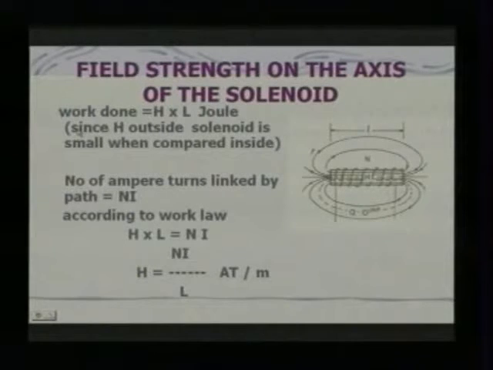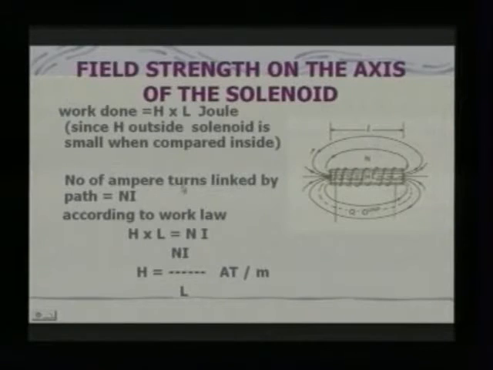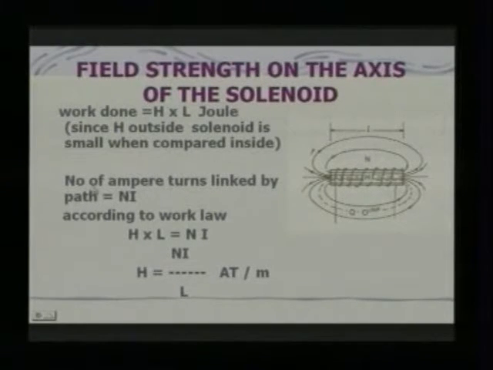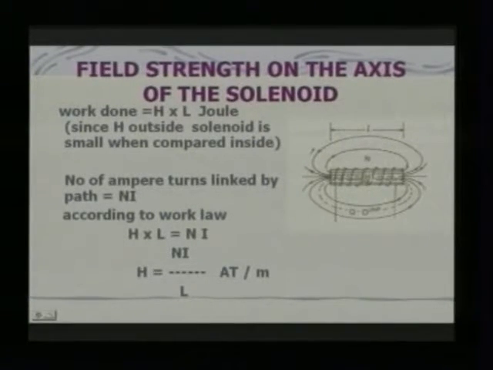because H outside the solenoid is small when compared inside, and the number of ampere turns linked by the UNP is equal to Ni, where N is the number of turns enclosed by the solenoid and I is the current flowing through the solenoid.